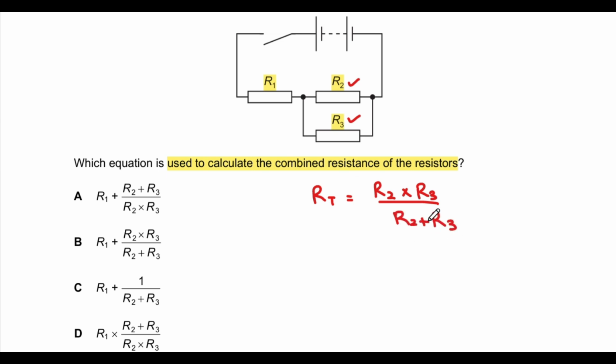After getting this combined resistance of two parallel resistors, the third one, R1, is connected in series with both. So this would get added simply with the combined resistance. So it would be plus R1. That means option number B is correct.